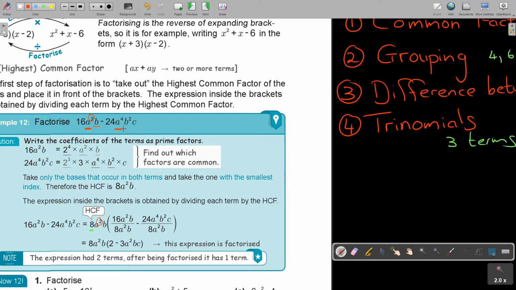Is there a B in both? Yes. What is the smallest exponent? Now it's going to be a 1. And then you just say this divided by this, there I showed you, and you get this. This divided by this, and you get this. And that's that. Okay, that is common factor. Let's go to the next one.